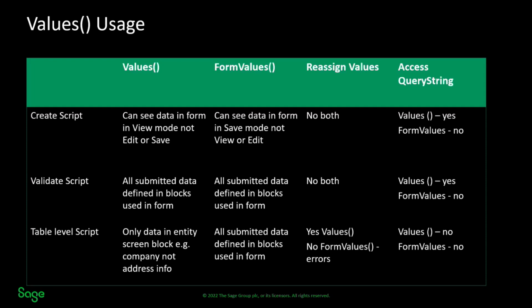And this means that in a screen like the new company screen, when you're actually inserting data to several tables, company, person, address, phone, whatever, then you can access any of that submitted data. So in an insert event function for a company entity level script, we can access all of the address information. We can go and say, form values, open brackets, address, postcode, to get hold of the postcode if we wanted to.